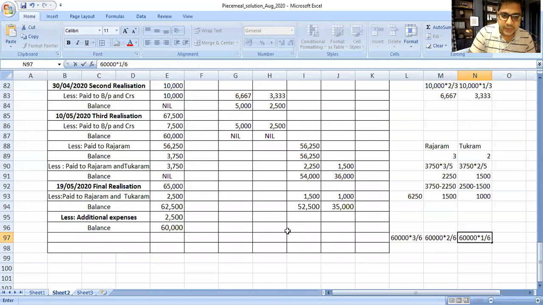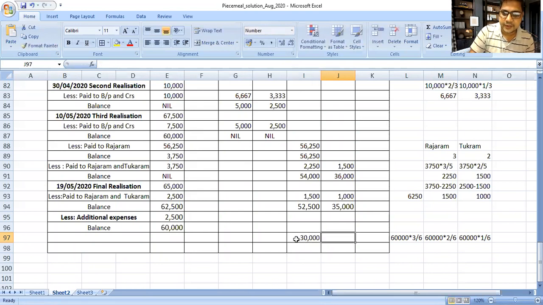These values we will consider. Now find out the values. Rajaram's: 60,000 into 3 divided by 6. It means 30,000.